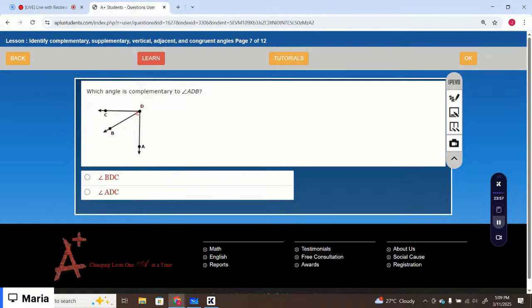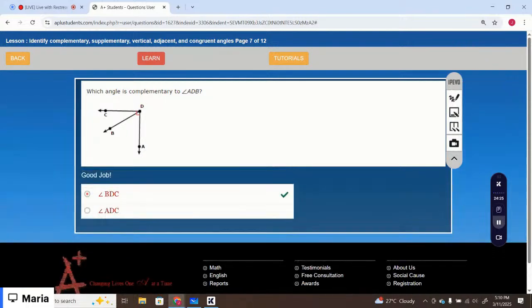Which angle is complementary to angle ADB? That is BDC. Option number 1 is the correct option.